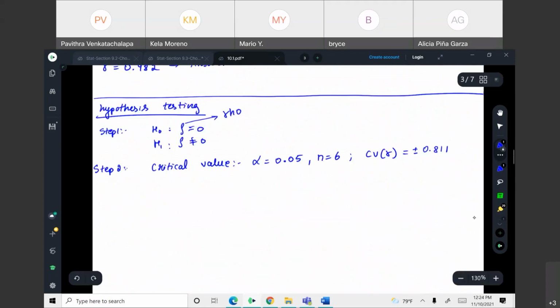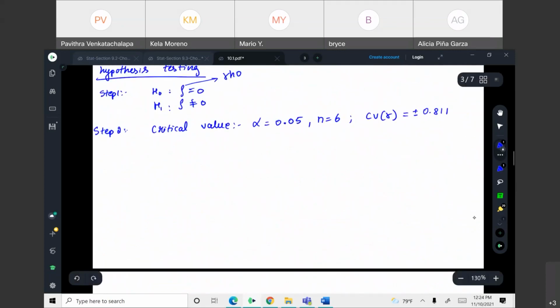Okay, so step 3 is to find the test statistic. Now you do this using the calculator. To find the test statistic and p-value, you just have to do one step and that will give you both these values in your calculator.